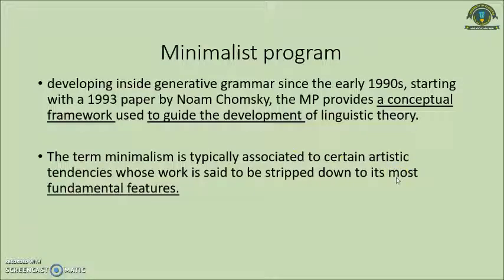It developed inside generative grammar. Generative grammar is basically a theory that says that grammar has the capability of generating endless sentences, provided the structures, and it started with Chomsky's 1993 paper.